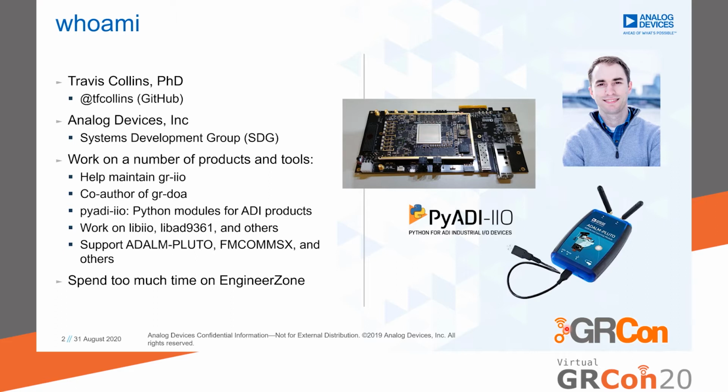I hope everyone's sensing a theme here in regards to IO. And I do support a number of different hardware components like Pluto, the FMComms boards, other transceivers, other high-speed components, sensors, low-level things. And if you've come to the ADI support forum called EngineerZone, it's likely that I've answered your question about Pluto or GNU Radio or something similar.